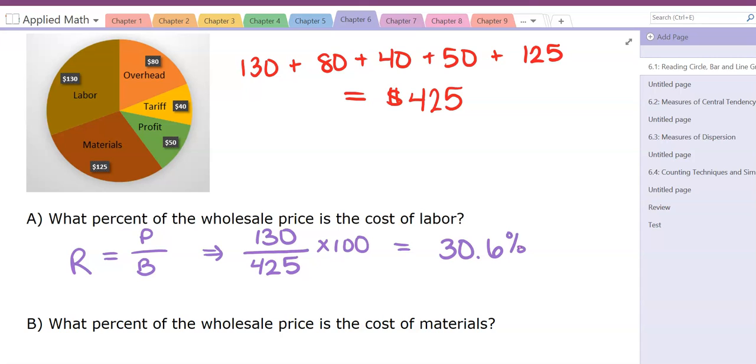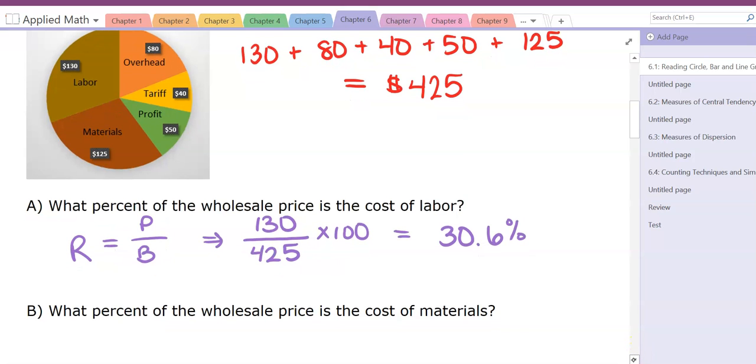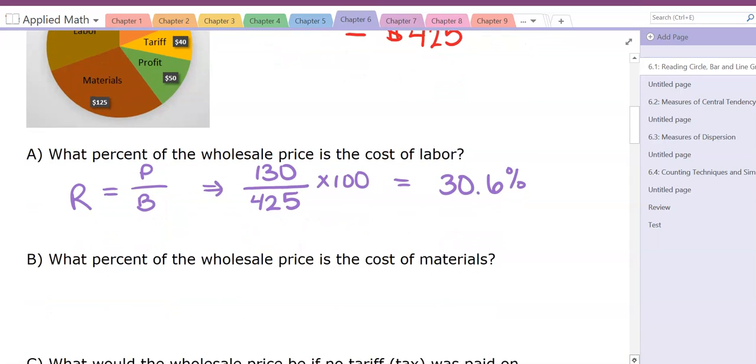Okay, so I want you guys to do part B. Figure out what the percent of the wholesale price would be for just the materials. So you're going to use the same setup.